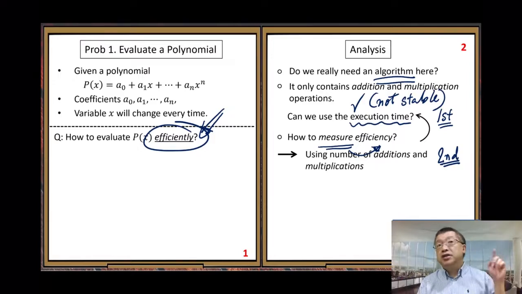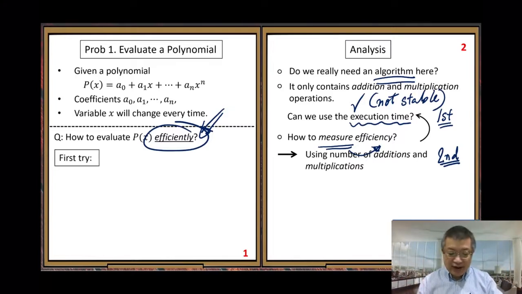Another thing is it does not rely on the programmer's skill, right? A good programmer or a bad programmer, no difference. If we use this measure, you can see it is much more stable than the previous one. All right, so here we get a little better understanding of efficiency. Later we will spend more time on that.